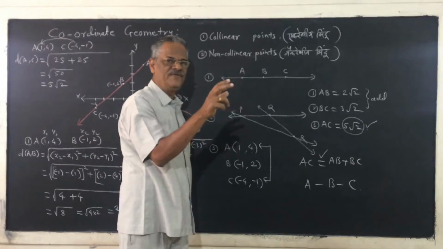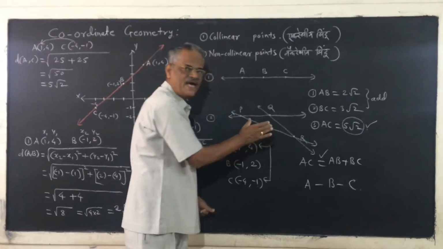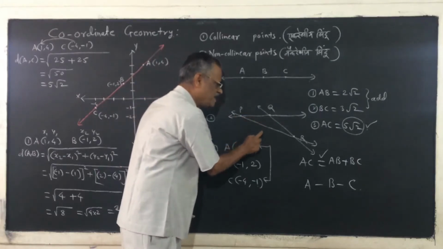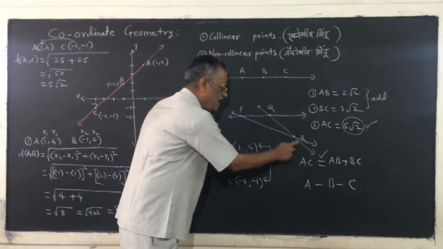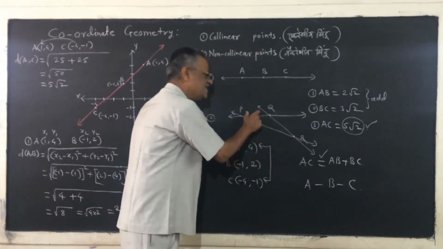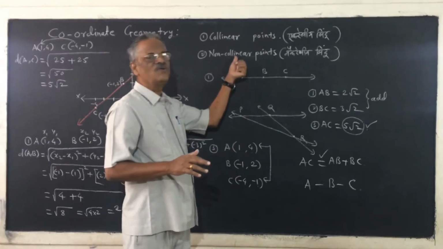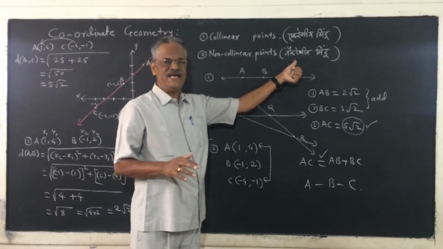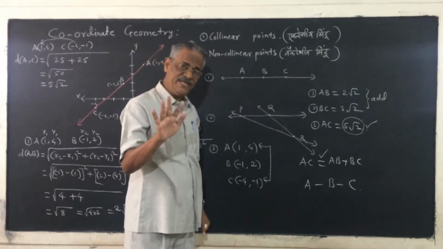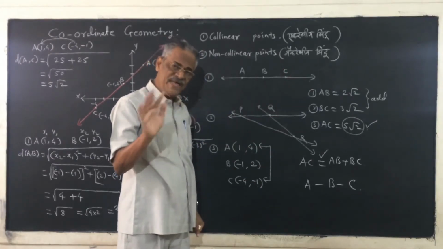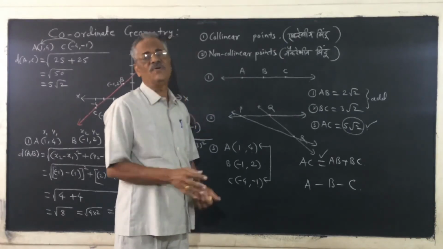If PQ plus QR is greater than PR, or PQ plus PR is greater than QR, or PR plus RQ is greater than PQ, then definitely points are non-collinear. That will be proved. So by using the distance formula we can verify whether the given 3 points are collinear or non-collinear.